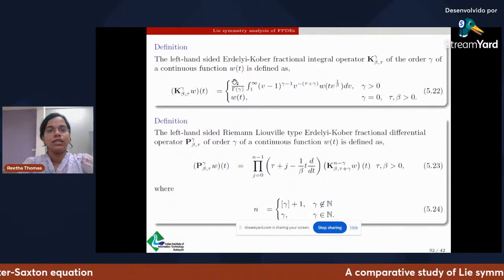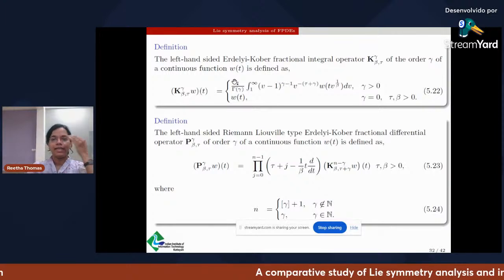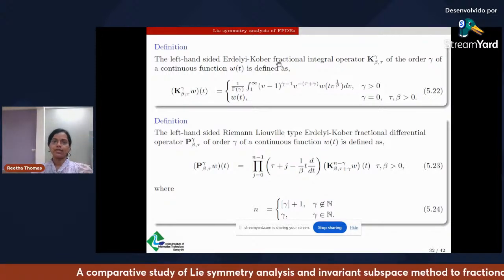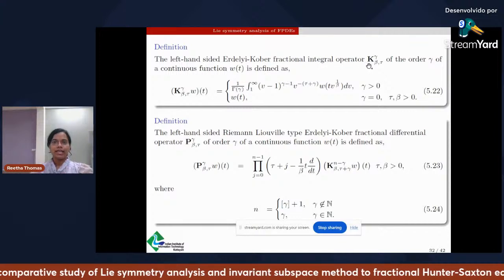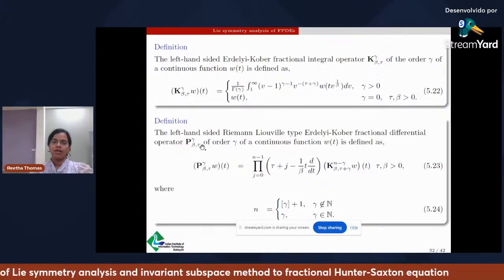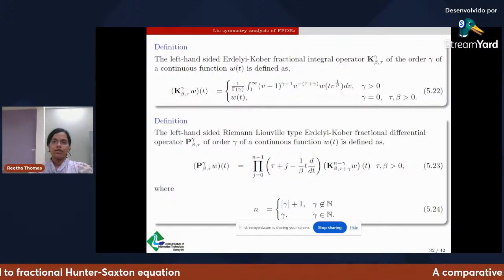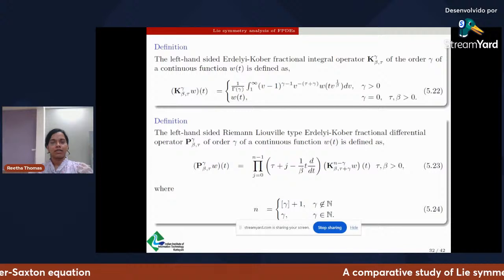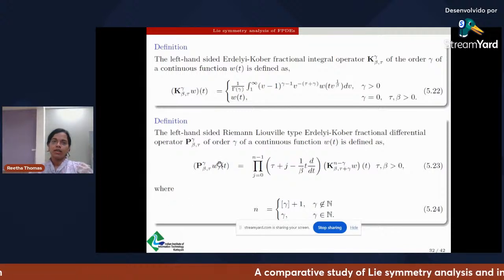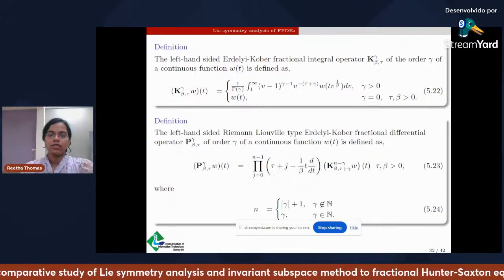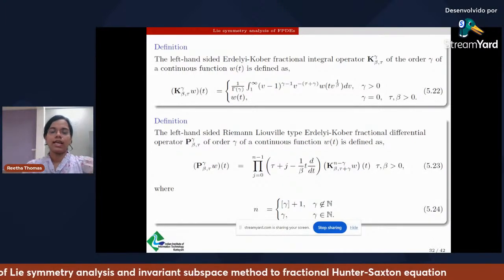This is the basic definition of the Erdelyi-Kober fractional differential operator, which is defined using the Erdelyi-Kober fractional integral operator K. Similar to the Riemann-Liouville integral operator, using which we define the Riemann-Liouville fractional differential operator, there are some differences in the equation, but this is another representation of a fractional differential operator, the Erdelyi-Kober.